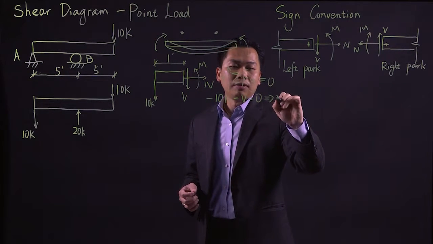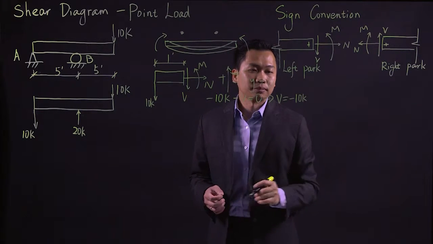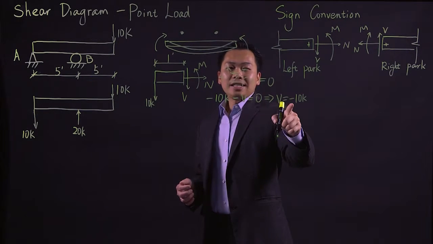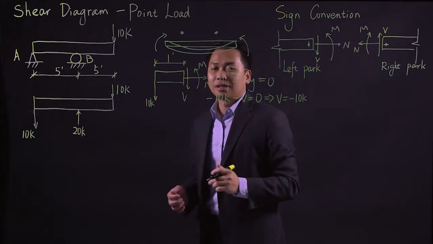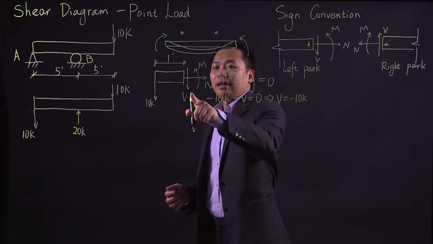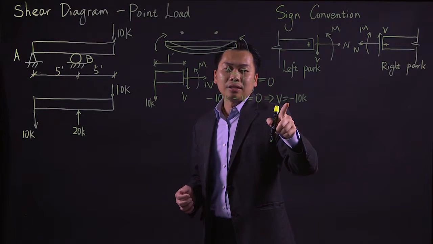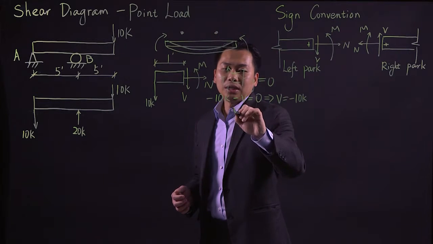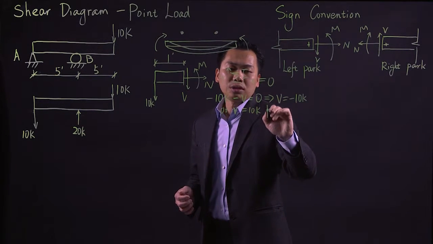We find that V is equal to negative 10 kips. It's negative, meaning it has a direction opposite to the assumption we made here. We made downward positive, so if we calculate the answer as negative, our shear is actually going upward.